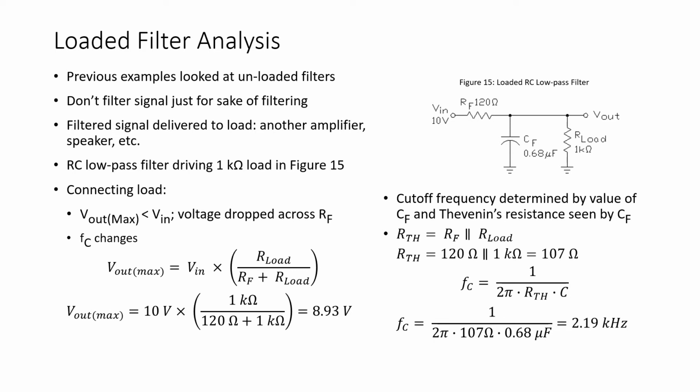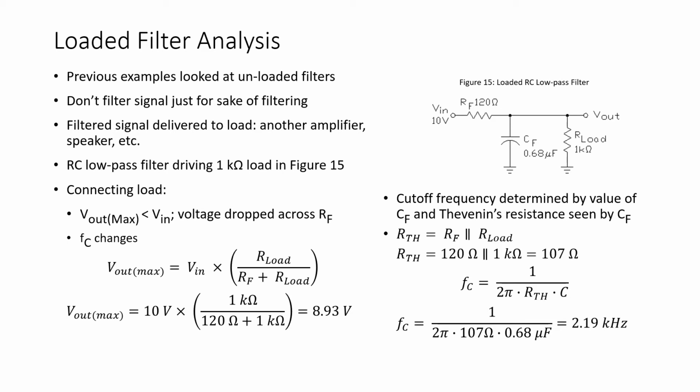Now when I connect a load to this filter circuit, it does two things. One is it changes my maximum output voltage because there will be some voltage dropped across the filter resistor RF. And of course the cutoff frequency will change also because the resistance as seen by the capacitor will change. So the first thing we'll look at is the change in the maximum output voltage.